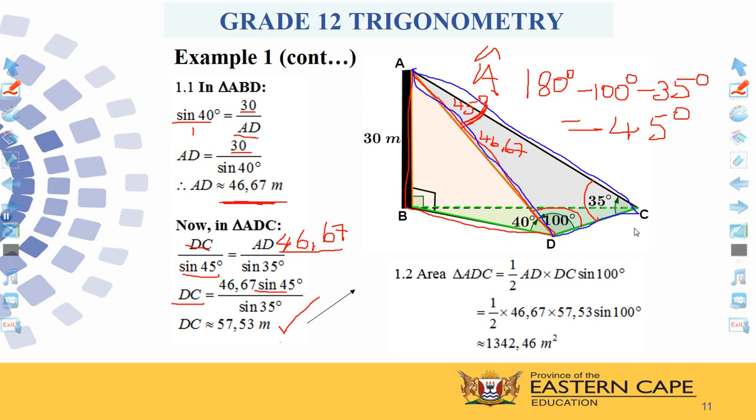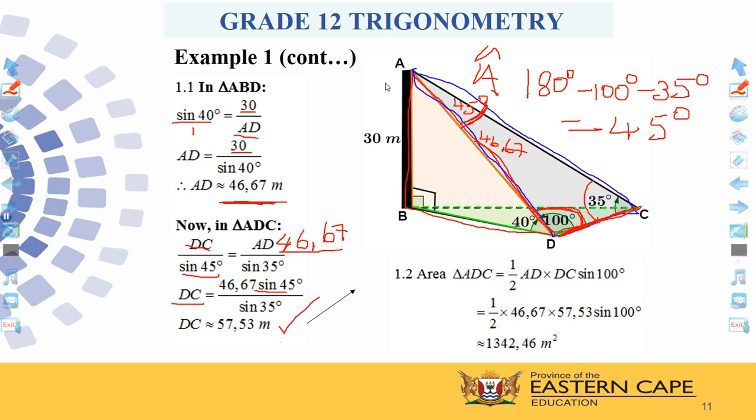You can still use this side, but if you don't want to calculate that side, obviously you will have to avoid that. So you'll have to use this side as well as that side. Obviously, now the included angle will be this one, which is going to be 100 degrees.